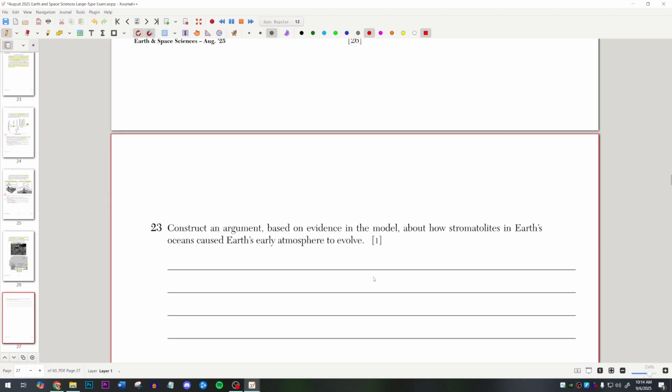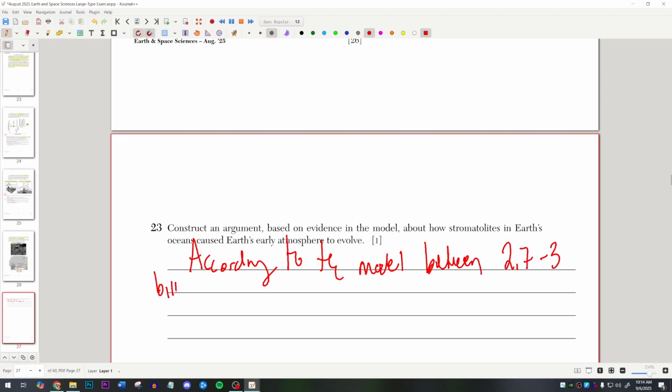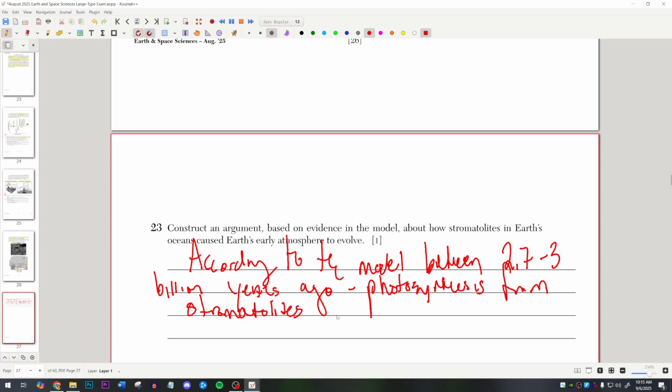So we're going to say, according to the model, between 2.7 and 3 billion years ago, photosynthesis from stromatolites added necessary oxygen to the atmosphere.